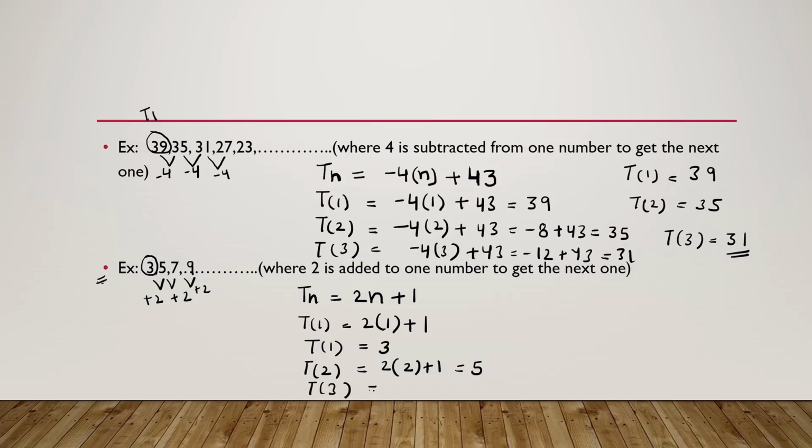T3 equals 2 into n value 3 plus 1, equals 6 plus 1, equals 7. So T1 equals 3, T2 equals 5 and T3 equals 7.